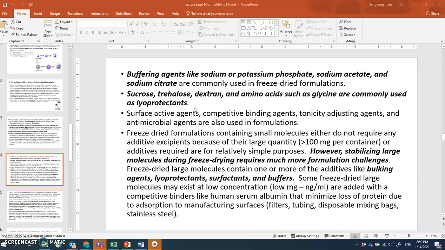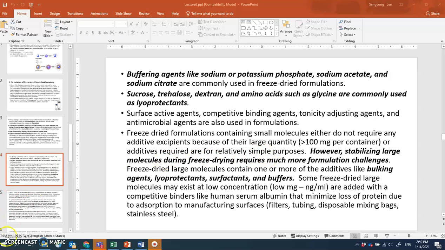Okay, and then freeze-dried formulation containing small molecules. They do not require any additive excipients because of their large quantity, or additives are required only for relatively simple purposes.